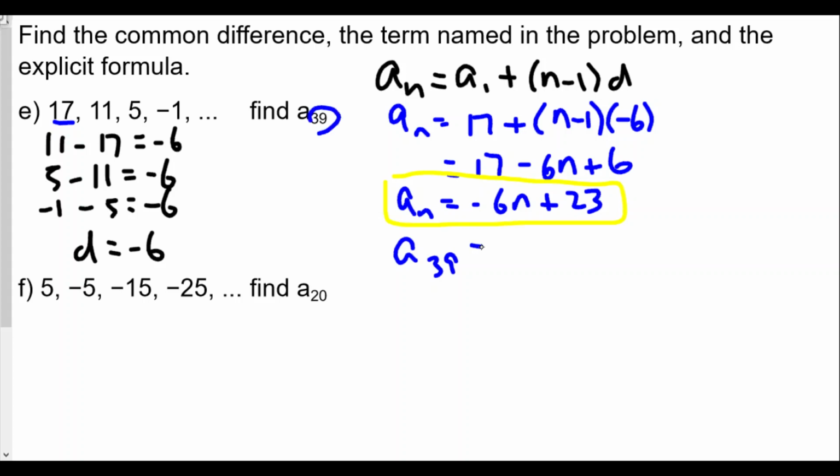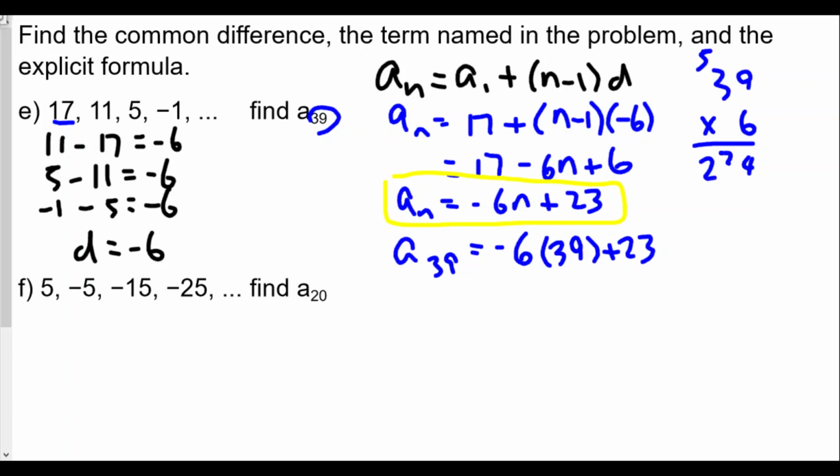So we have a sub 39 is equal to negative 6 times 39 plus 23. 39 times 6, we'll multiply 6 and take a negative there, and we get 234.